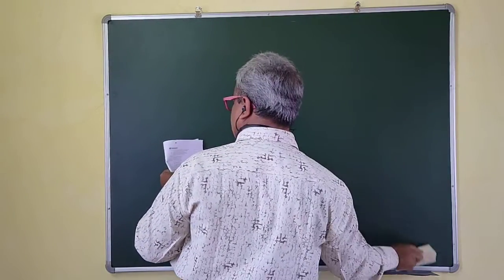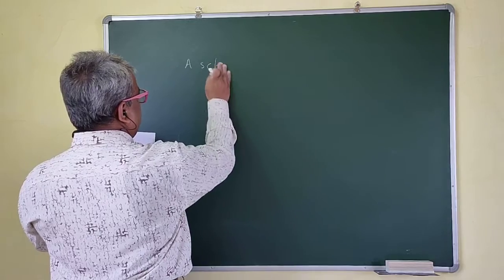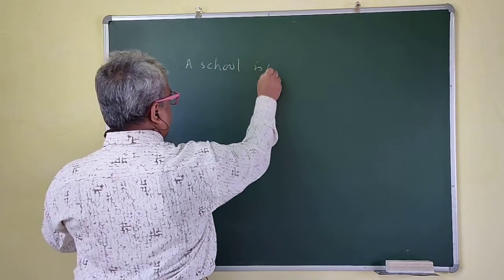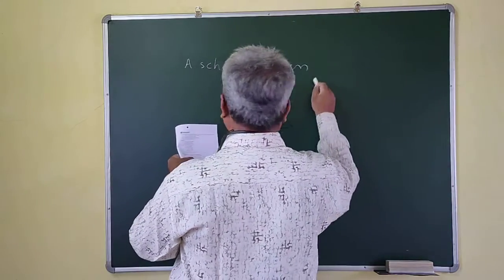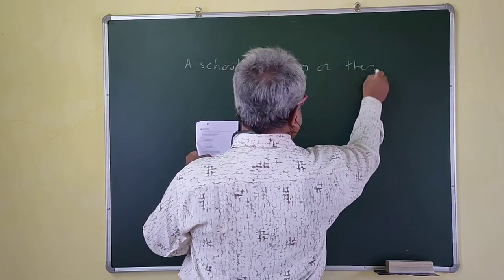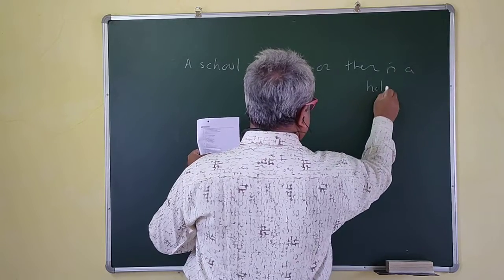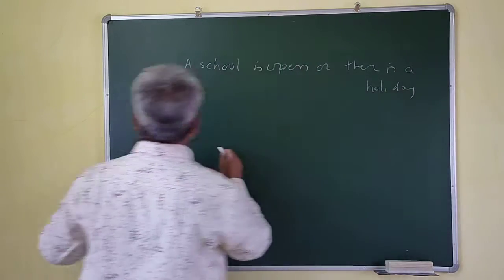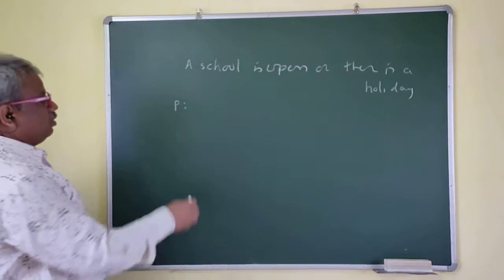Now the second is: a school is open or there is a holiday. So now here, your P you have to write in symbolic form. So P is what?